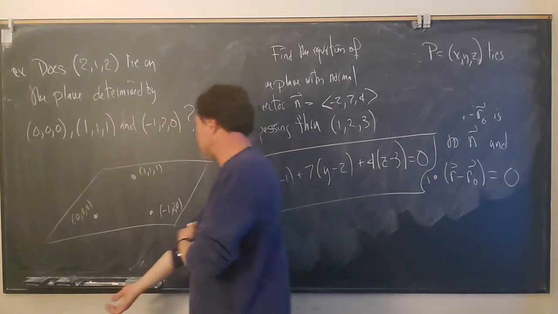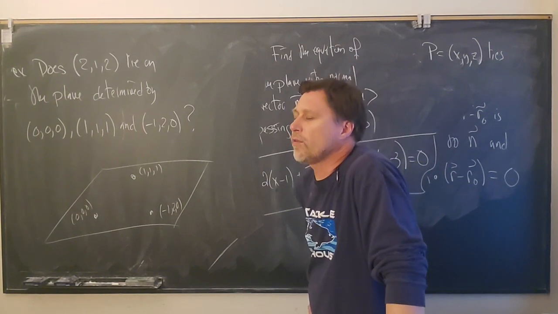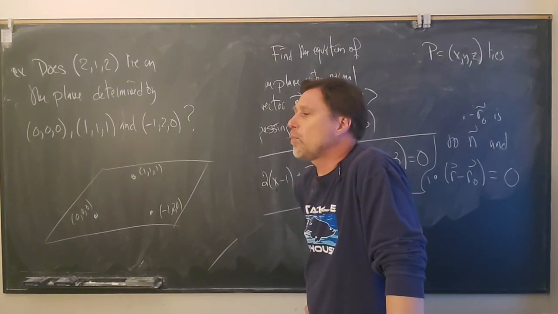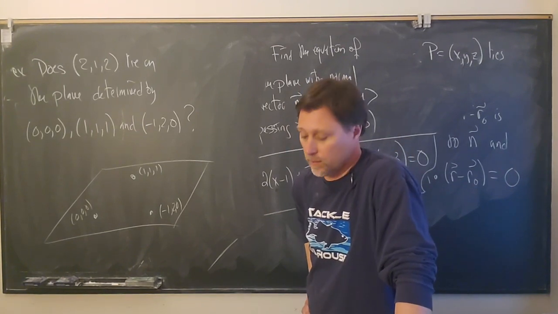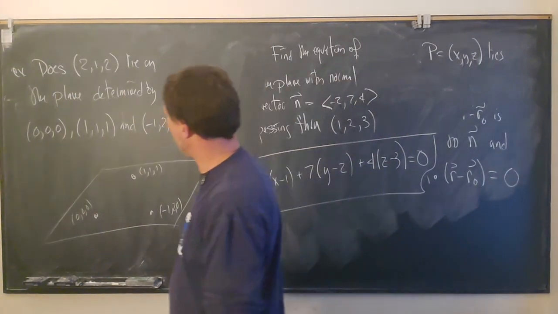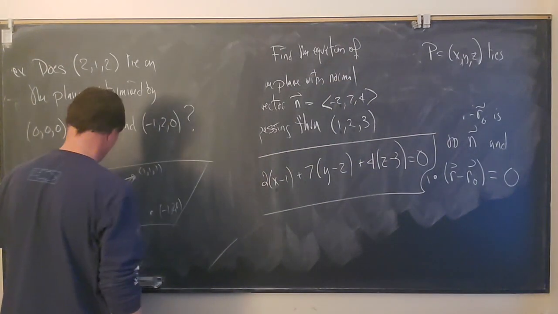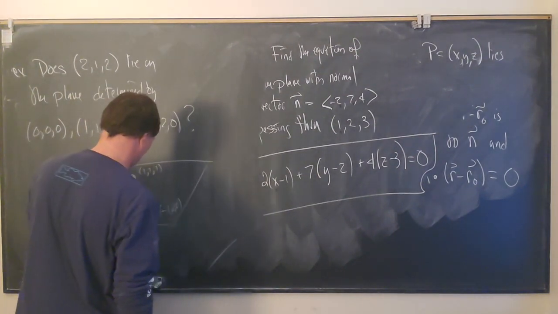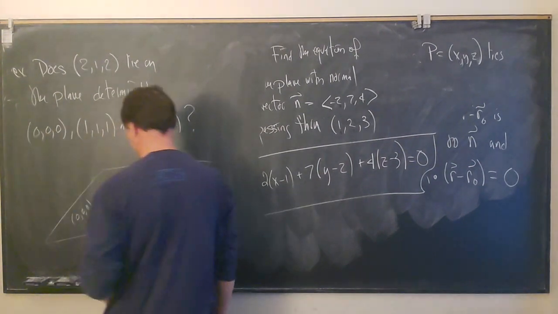All right, so we've got these 3 points. To write down the equation of a plane, you need a normal vector and a single point that lies on the plane. We've got 3 points that lie on the plane. We still need a normal vector. How are we going to do that? Well, notice that these 3 points determine 2 vectors. Call them u and v.